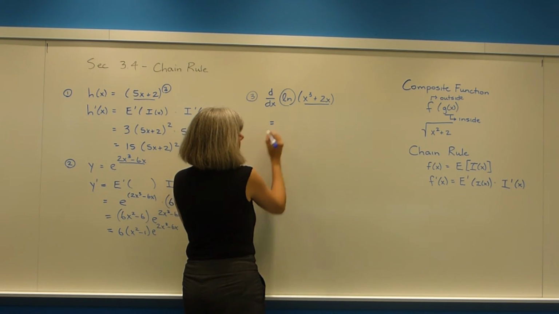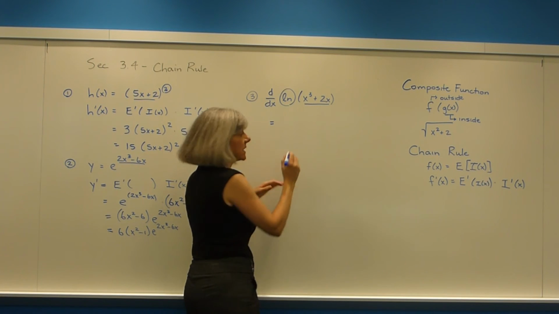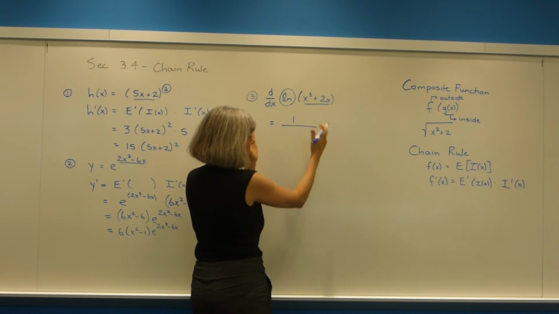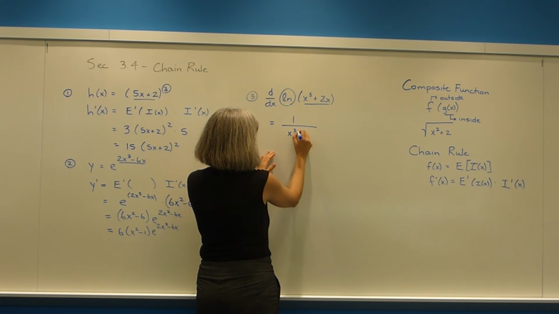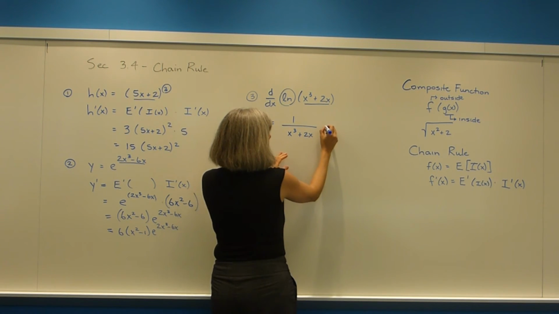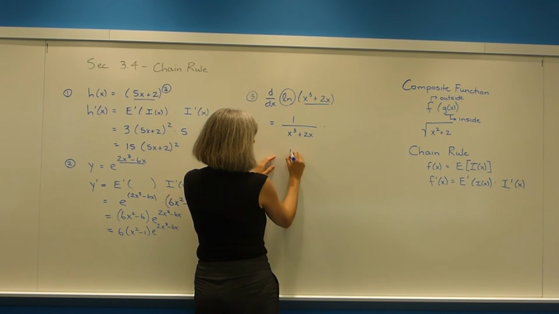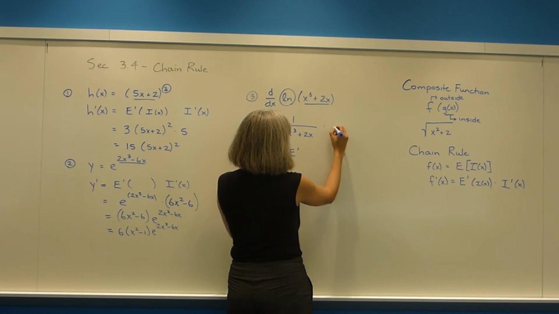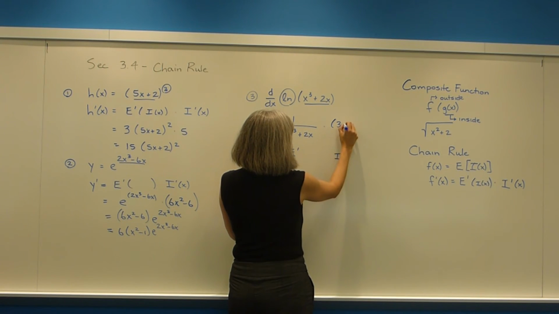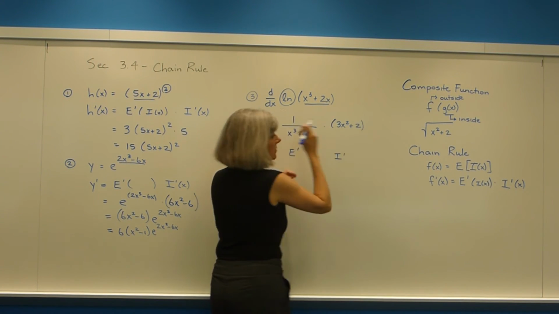So what is the derivative of a ln? The derivative of a ln is 1 over the inside. So go ahead and put that in. Times, so this right here is the derivative of the outside times the derivative of the inside. So that's going to be 3x squared plus 2.